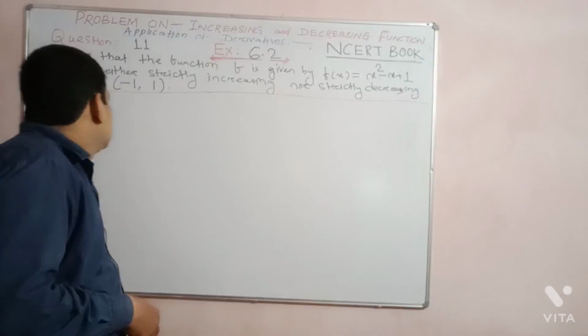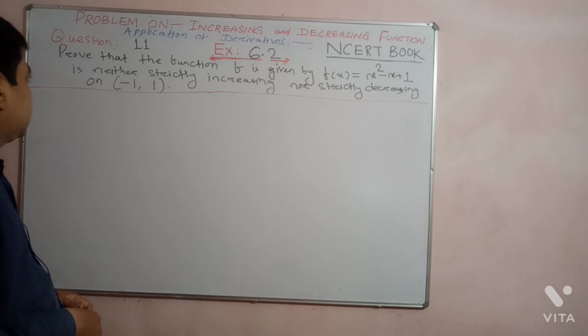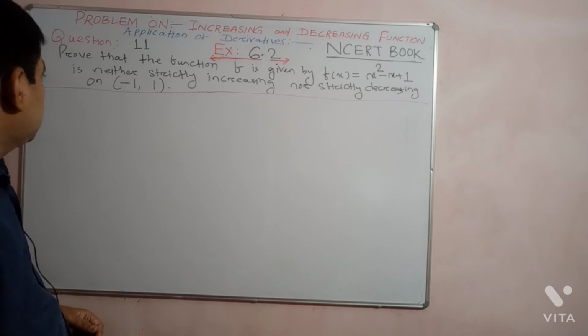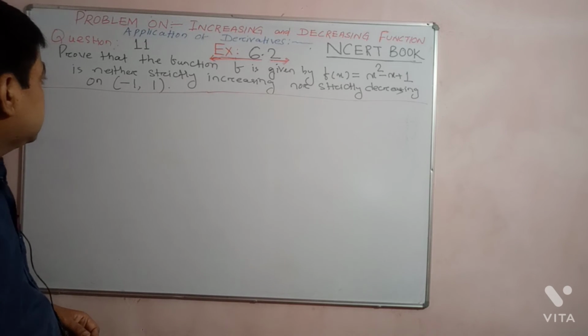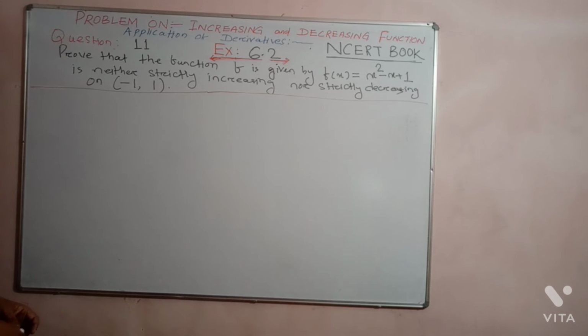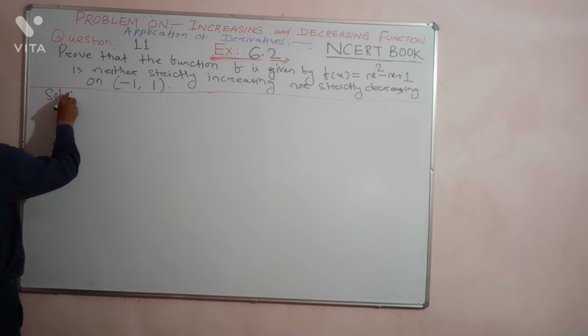Here is a question in front of you. Prove that the function f given by f(x) = x square minus x plus 1 is neither strictly increasing nor strictly decreasing on minus 1 to 1. Understand? Okay, is it clear? See now here.